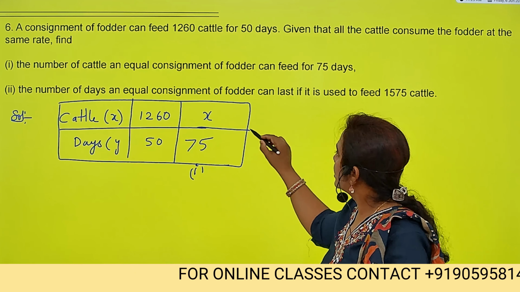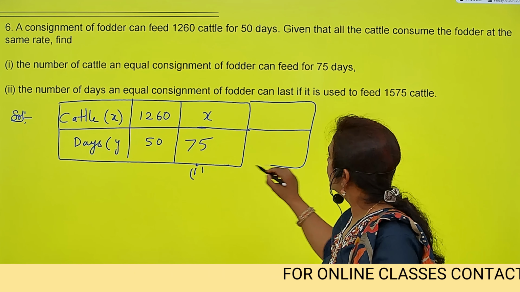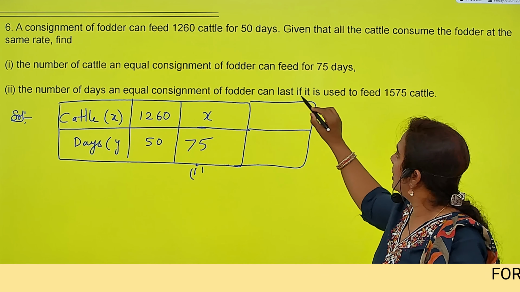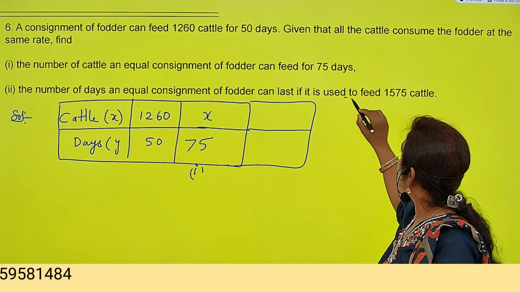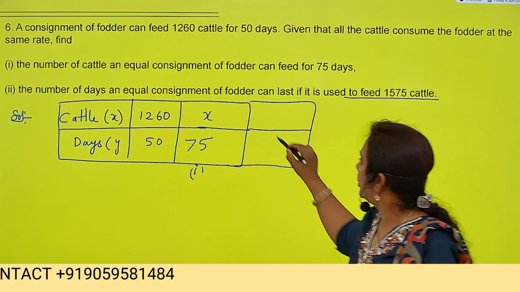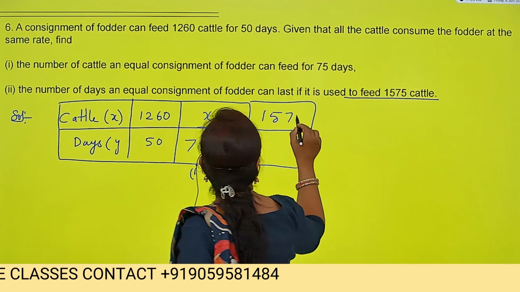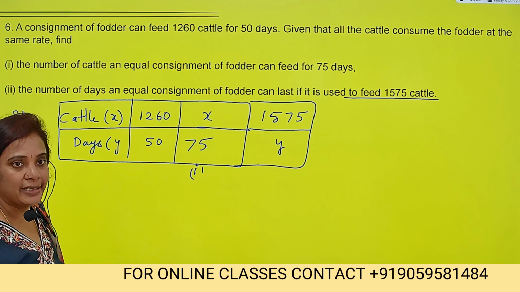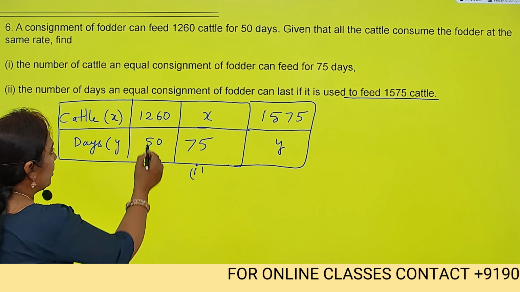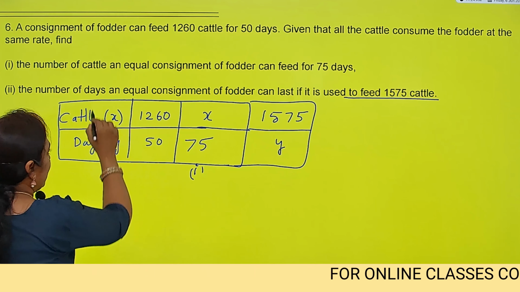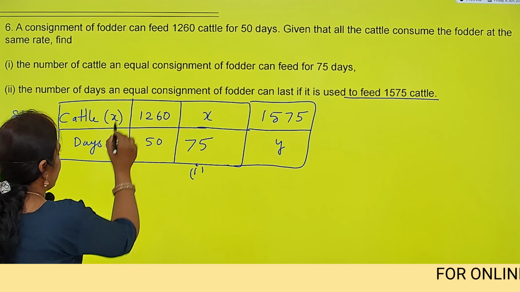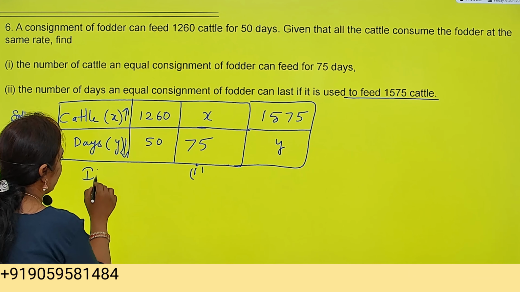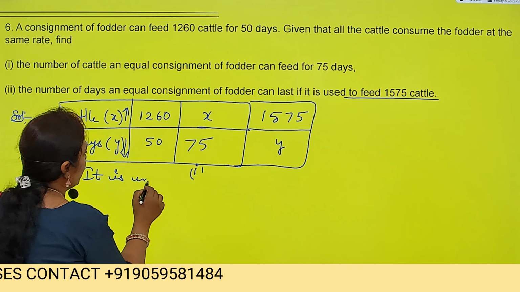Next, the number of days an equal consignment of fodder can last if it is used to feed 1575 cattle. What is y? They are asking how many days. Here you take the relation: if cattle increases, the days decrease, so it is inversely proportional.